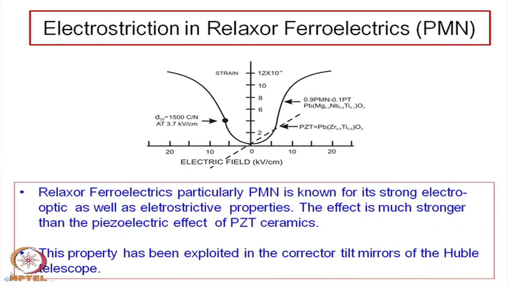Basically it is an actuator; in addition to being a good dielectric material, one can use it as a good transducer material and actuator material. So, if you need a very stable actuator, that is really possible with this kind of Relaxor Ferroelectrics.